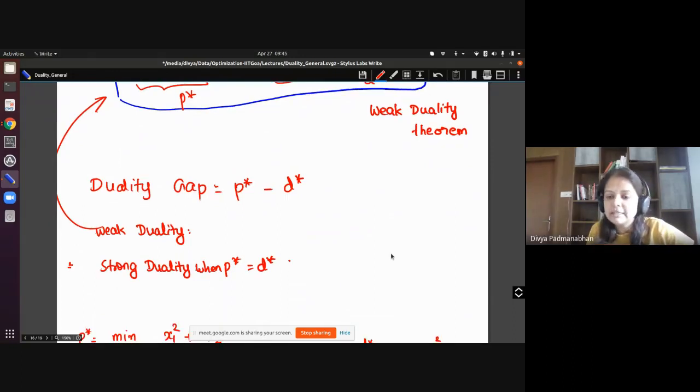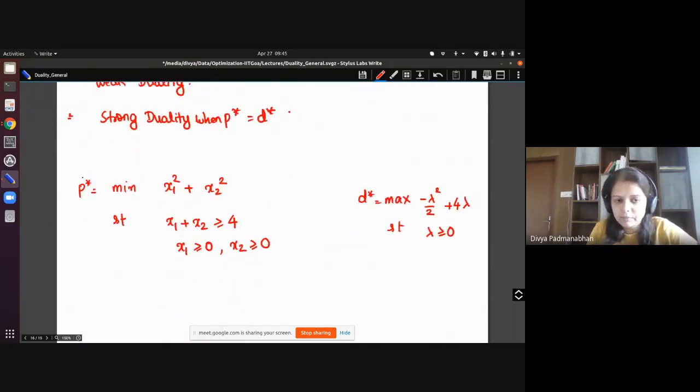Let's see this example here, which we had worked out earlier. The primal takes this form: minimize x1 squared plus x2 squared, subject to x1 plus x2 greater than or equal to 4, x1 greater than or equal to 0, and x2 greater than or equal to 0. We had computed the dual as this one-dimensional problem.